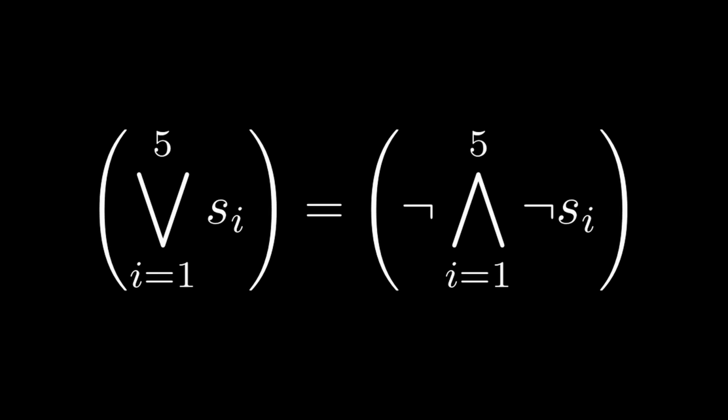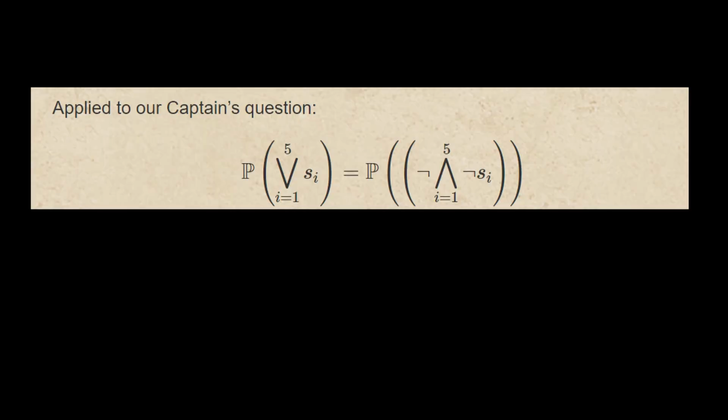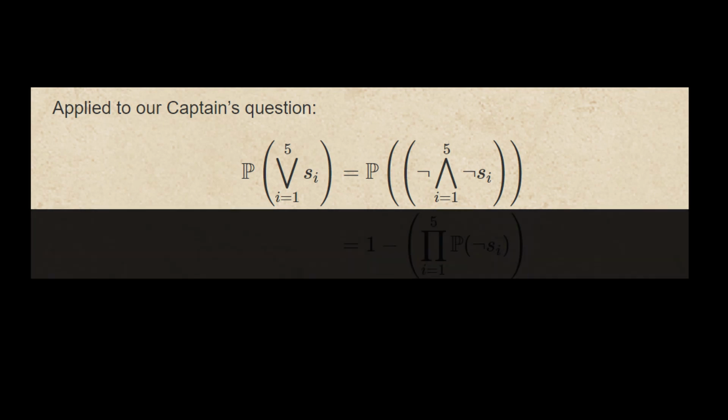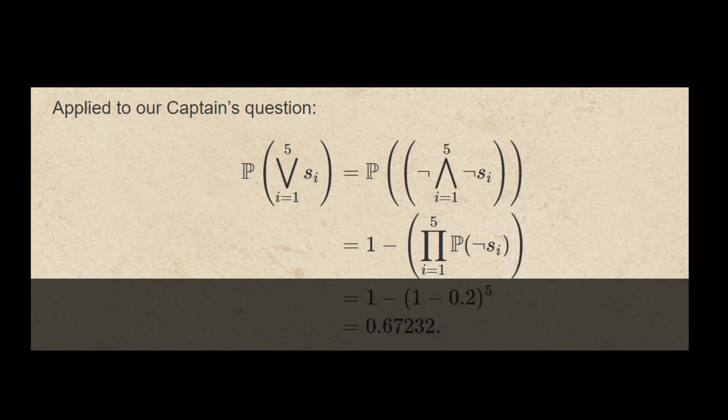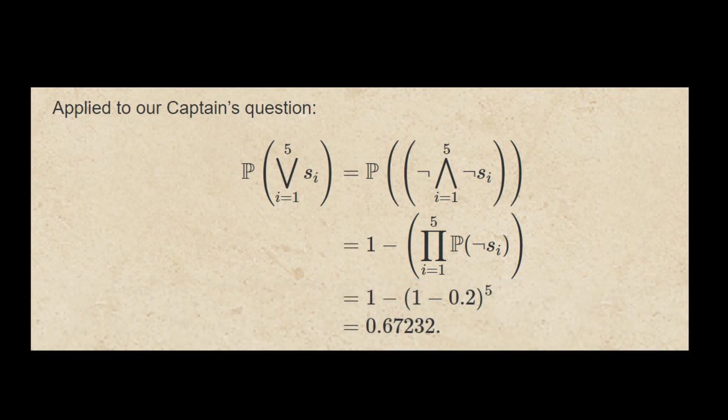Applied to our captain's question, the probability of the logical OR of the S sub i is the probability of the negation of the logical AND of the negation of the S sub i, and that is equal to 1 minus the product of the probabilities of the negation of the S sub i. Each S sub i has probability 0.2, so the negation has probability 1 minus 0.2, or 0.8.